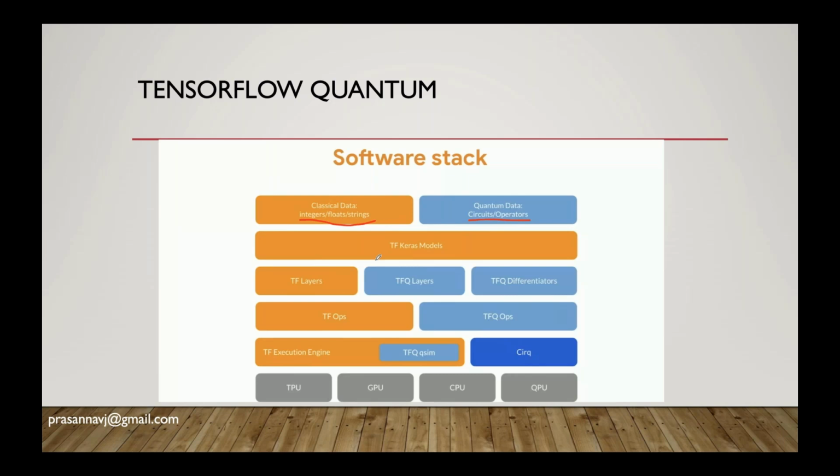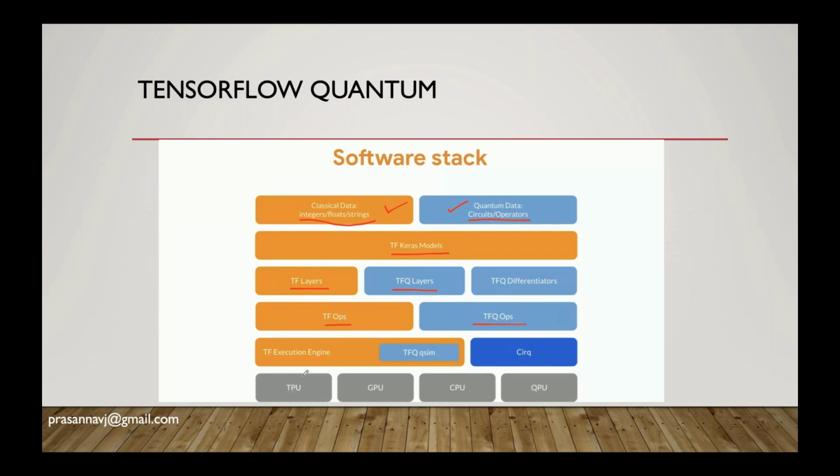And the next layer is, for both your quantum data manipulation and the classical data, you use the TensorFlow Keras models. That's the beauty of it. And from the TF layers perspective, if you want to create multiple layers in your neural network, in the case of TensorFlow it's TF layers. In the case of TensorFlow Quantum, it is TFQ layers. And from the operations point of view, it is TensorFlow operations and TensorFlow Quantum operations.